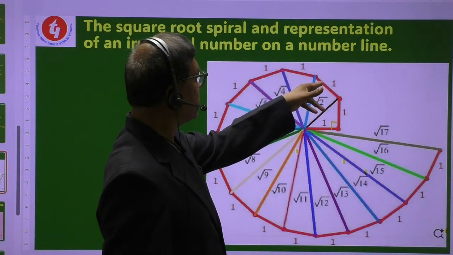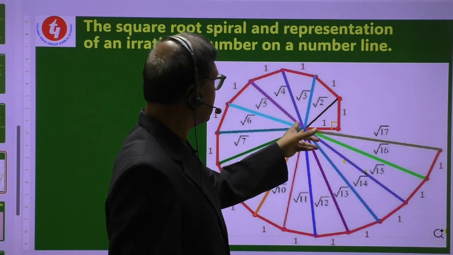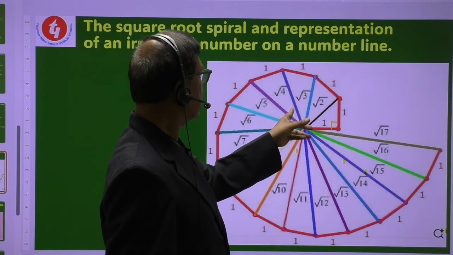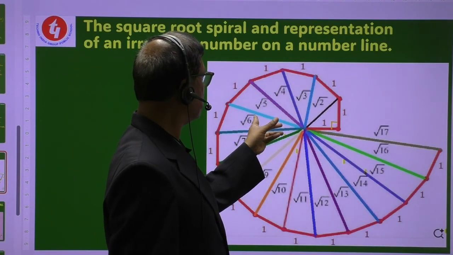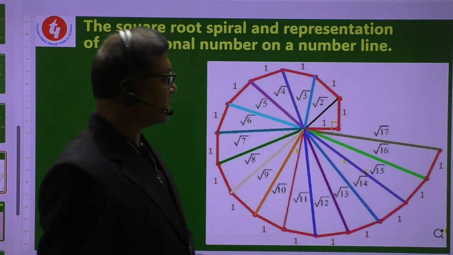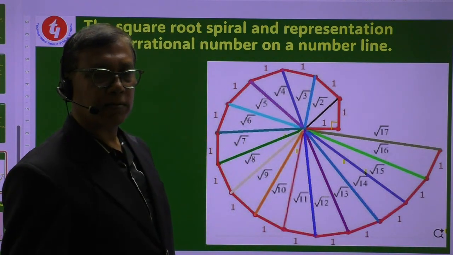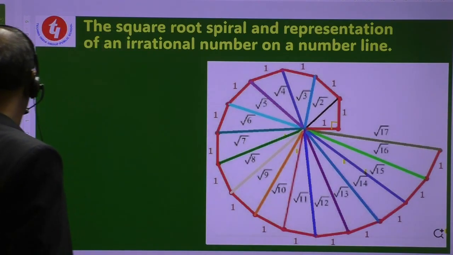So if you continue like this, the next hypotenuse will be root over 4, that is 2. Next hypotenuse will be root over 5. Next hypotenuse will be root over 6, like this. Is it clear? So like this this spiral will be formed. Is it clear?